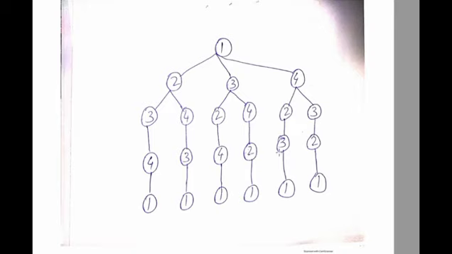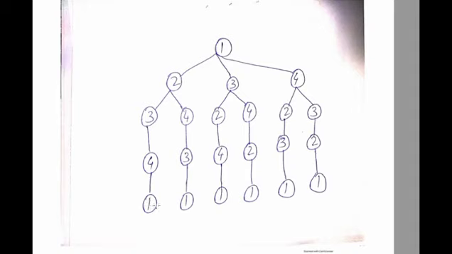So the salesperson, started at 1, can take the routes 1 2 3 4, 1 2 4 3, then 1 3 2 4, 1 3 4 2, 1 4 2 3, 1 4 3 2. After reaching the last node, he has to return back to the first node, that is vertex 1. So we will draw vertex 1 at every end, right?